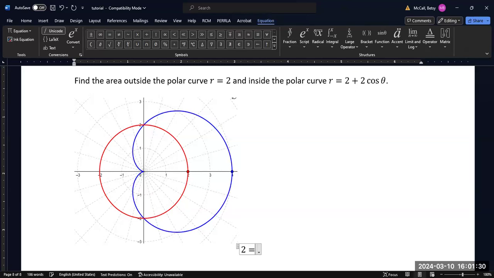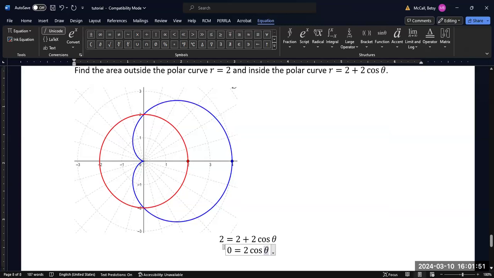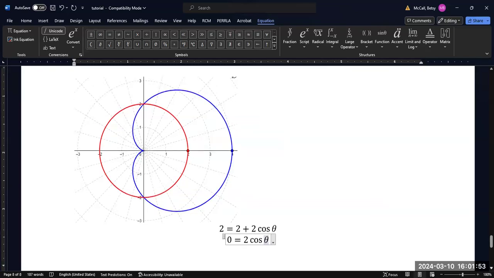So we set the two equations equal to each other. 2 cosine theta. And in this case, the 2's are going to cancel. And then we're left with 0 is equal to 2 cosine theta. And the 2 obviously goes away.